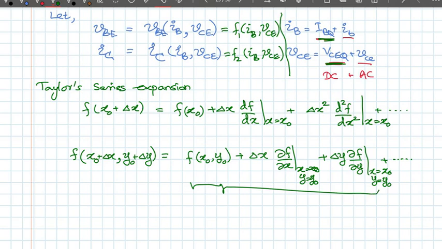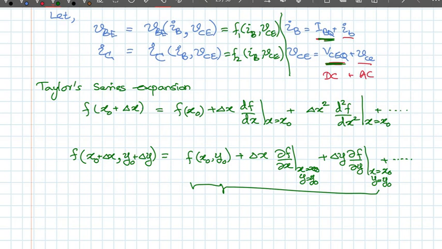So this is from the Taylor series expansion, where ∂f over ∂x is the partial differential of f with respect to x, and ∂f over ∂y is the partial differential of f with respect to y.